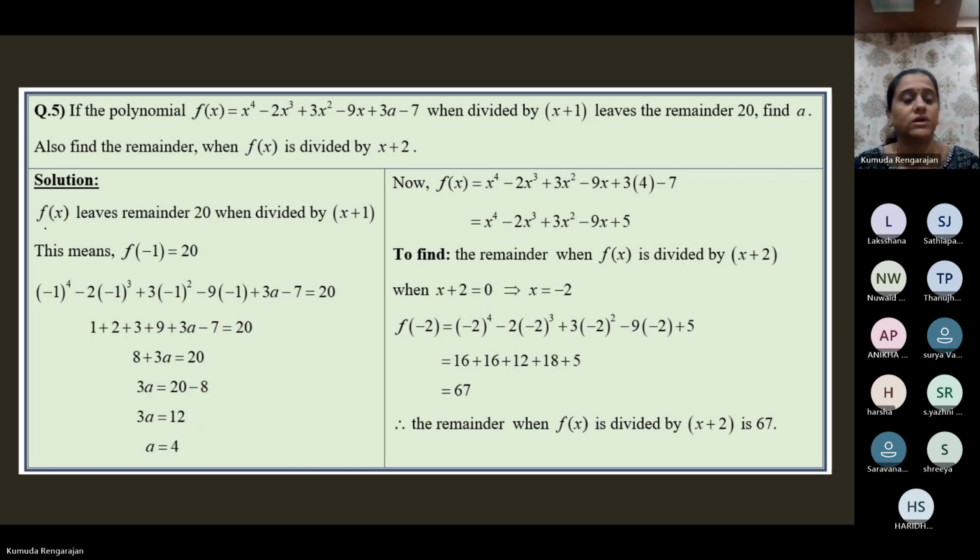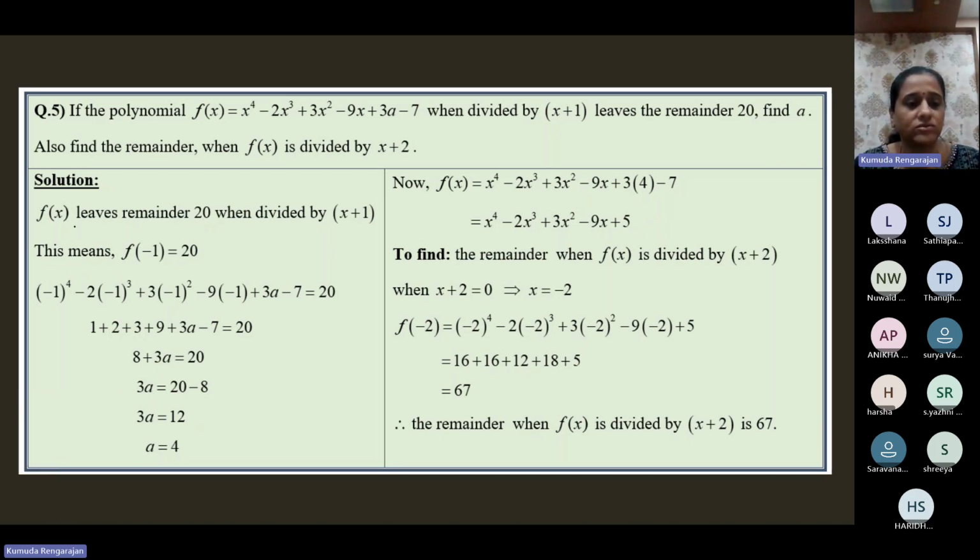So it's given f of x leaves remainder 20 when divided by x plus 1. So now you understand x plus 1 is equal to 0, x is equal to minus 1. That's why we say f of minus 1 is equal to 20. You can include this step, children.